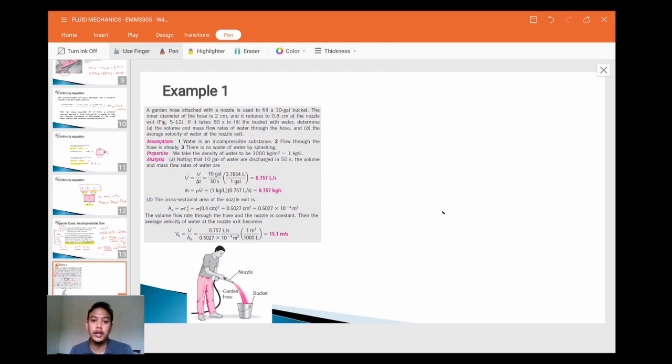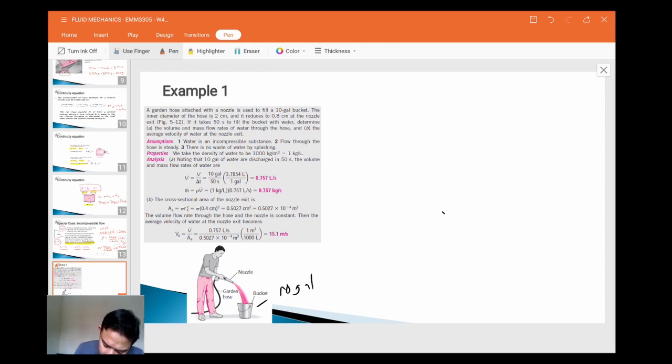If it takes about 50 seconds to fill the bucket with water, determine A, the volume and mass flow rates of water through the hose.